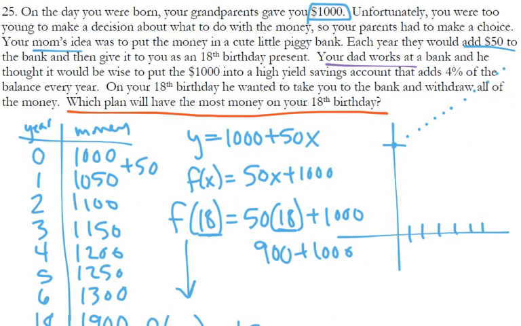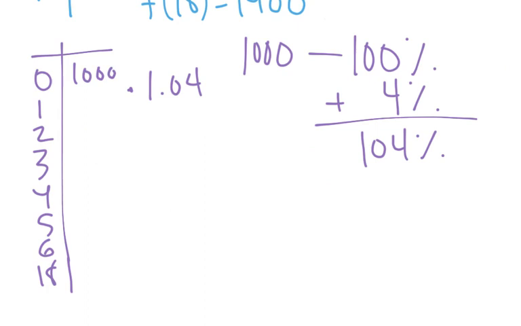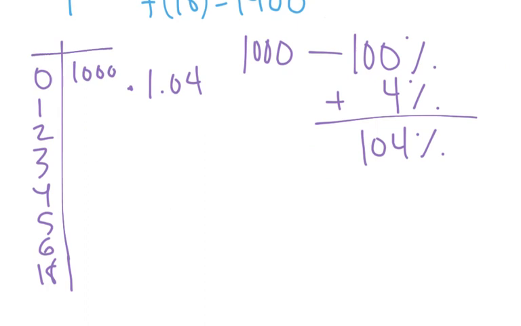That's really how we should think about it when we're talking about that part. Okay? So we'd multiply it by 1.04, so we would get 1,000 times that, so we'd get 1,040. Okay, so it looks like the other way would be better at that first year, right?